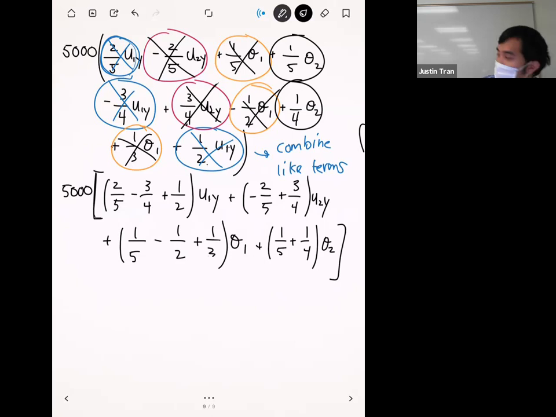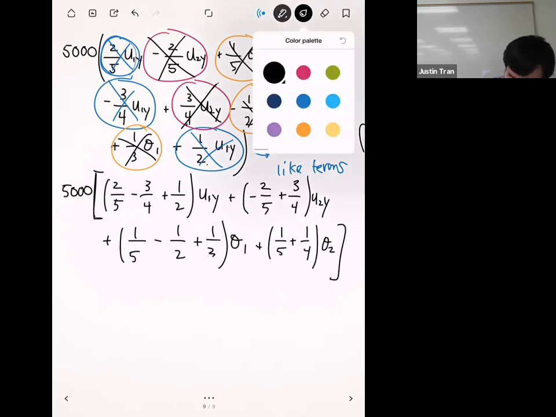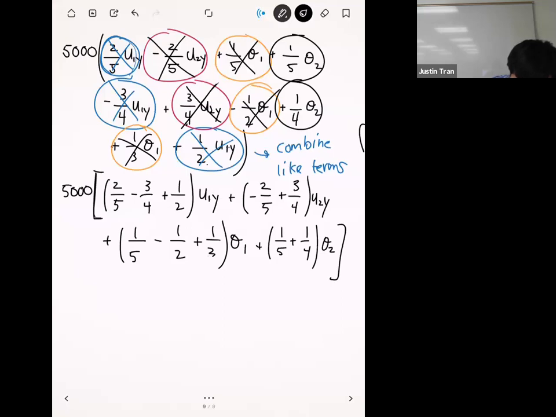All right, and so from here, it's just arithmetic, and so we can go ahead and combine these things together. We're almost done, I promise.